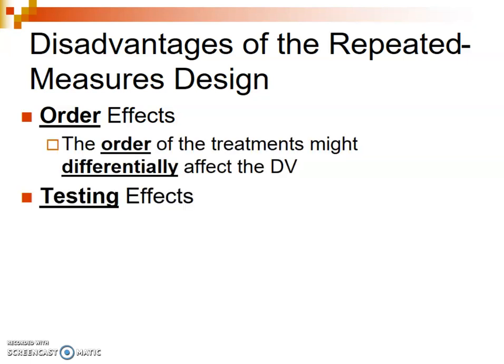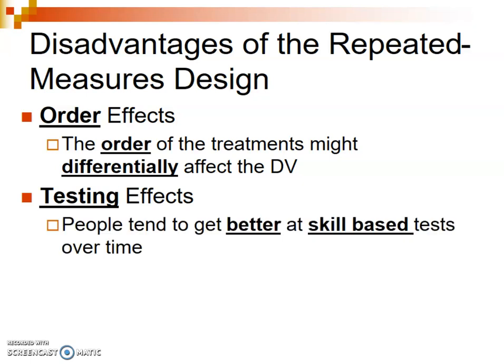In addition, we also have testing effects that are a problem in this type of research design, and there are specific testing effects that we tend to see. If you're doing a skill-based task, people tend to get better at that task over time. So if you're giving them math problems repeatedly over several different time points, they should get better at those math problems over time.